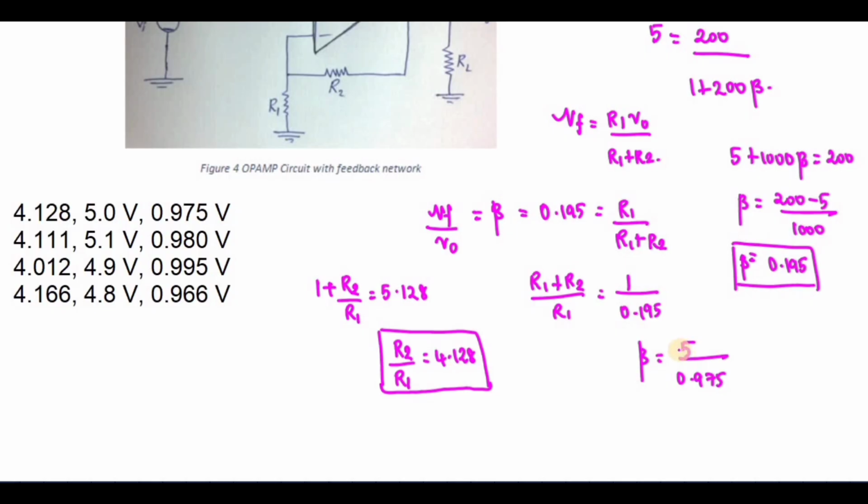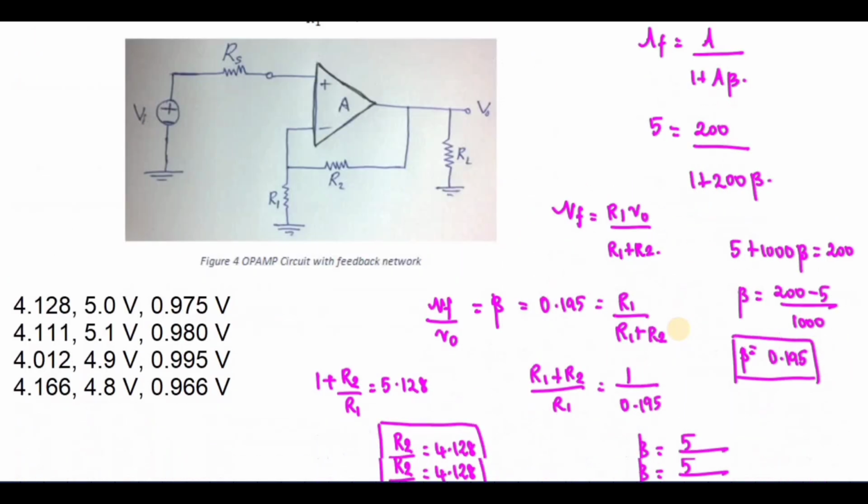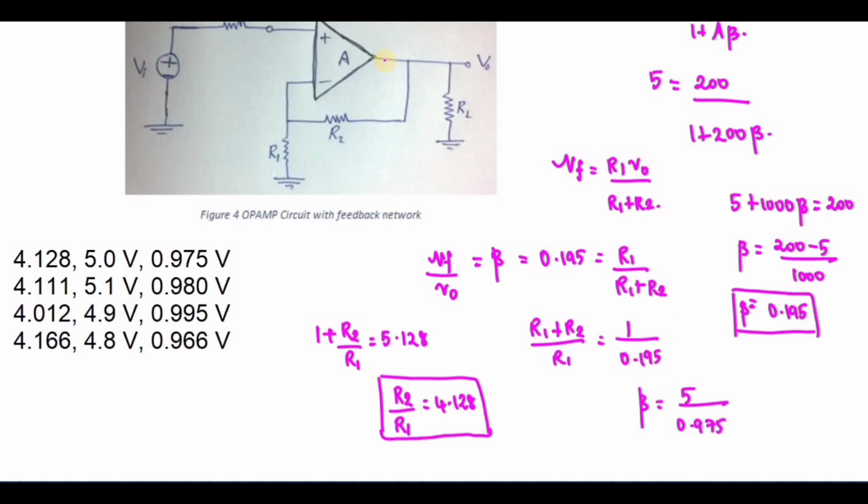So you should not substitute beta as 5 divided by 0.975. You have to substitute 0.975 divided by 5. So you get the answer as 0.195. From this I have confirmed the value of Vf and V0.